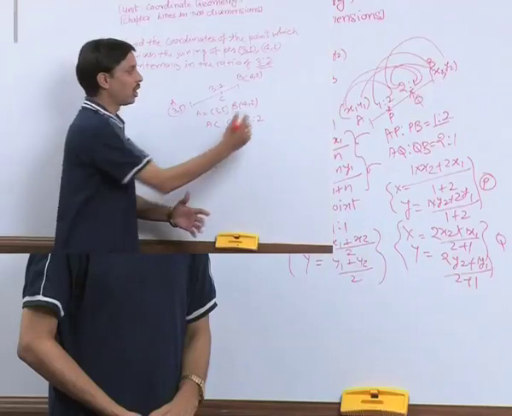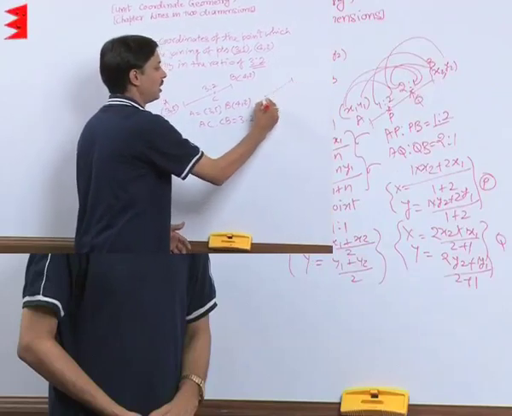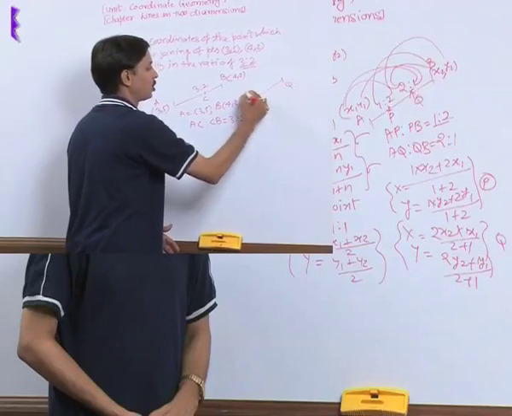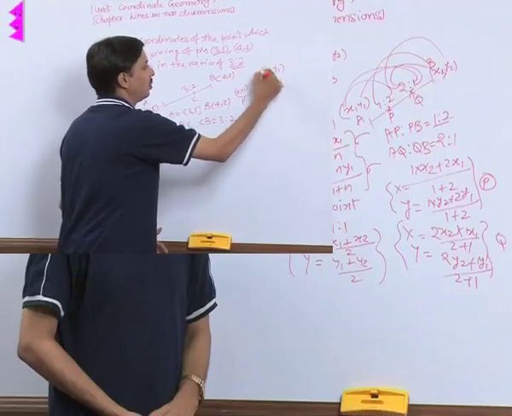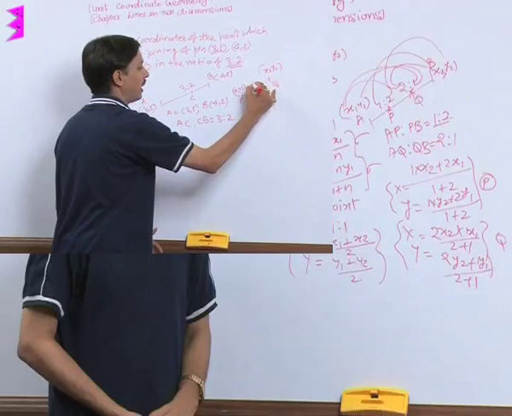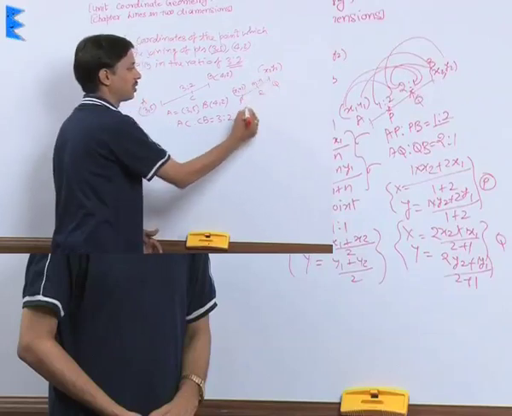Let me tell you how we use the section formula. Suppose this is point P, this is Q, with coordinates x1, y1, x2, y2, and point R divides the joining of these in m is to n.